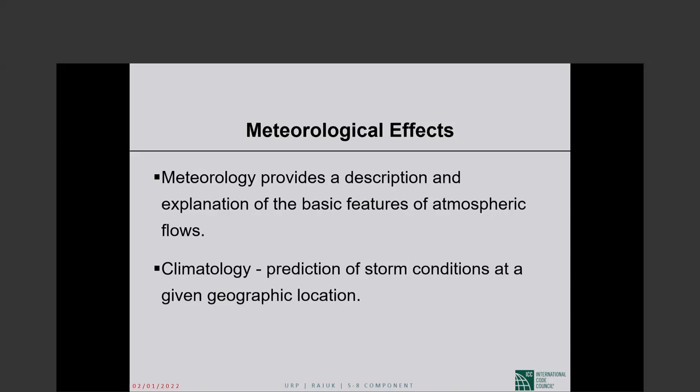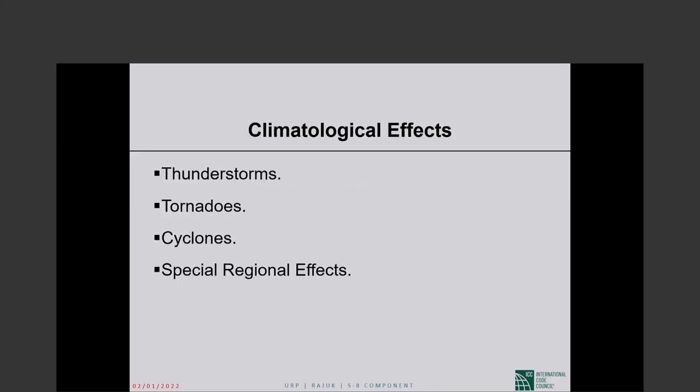A discipline within meteorology called climatology deals with the prediction of storm conditions at a given geographic location. So when we say the word climatology, it has to do with the prediction of storm conditions at a given location.